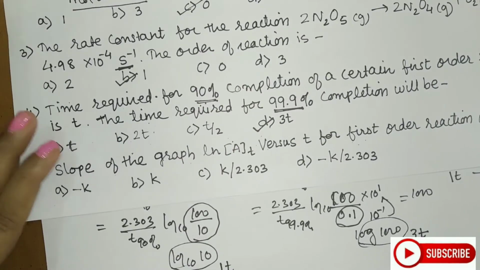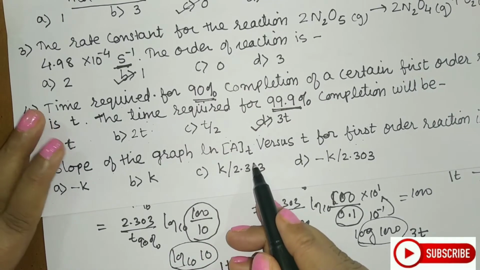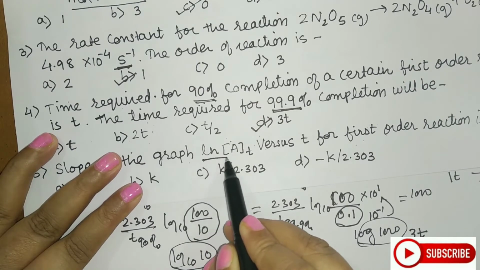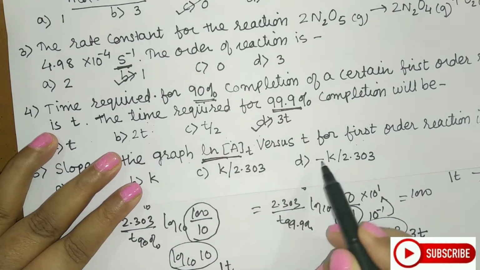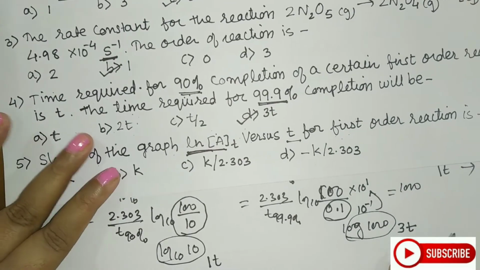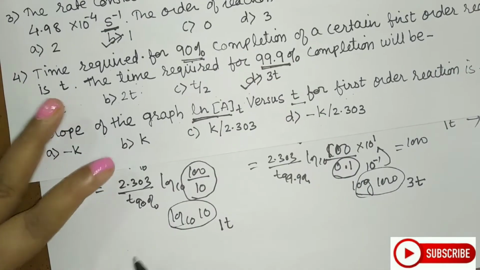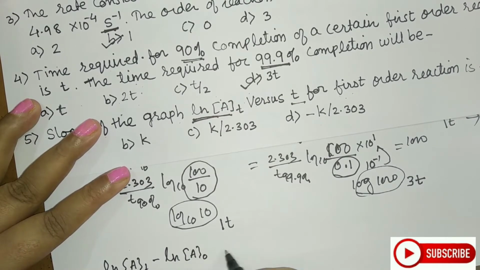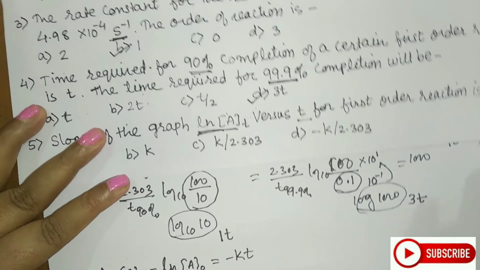Come to the next one, slope of the graph ln At. Now here they have not given log to the base 10, here they have given ln, means log to the base e, versus time. So the equation we'll be using here is ln At minus ln A0 is equal to minus kt.